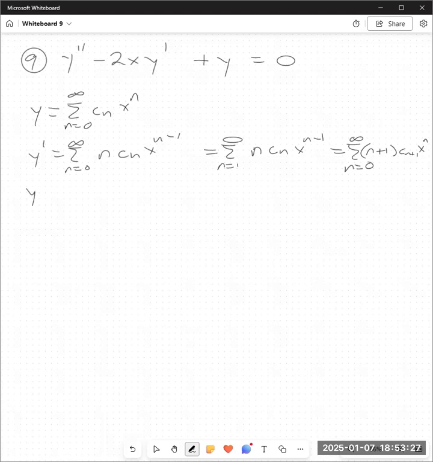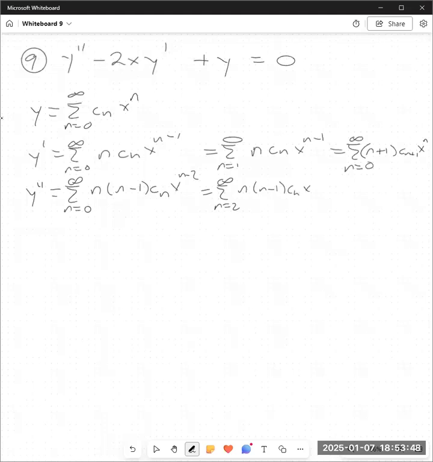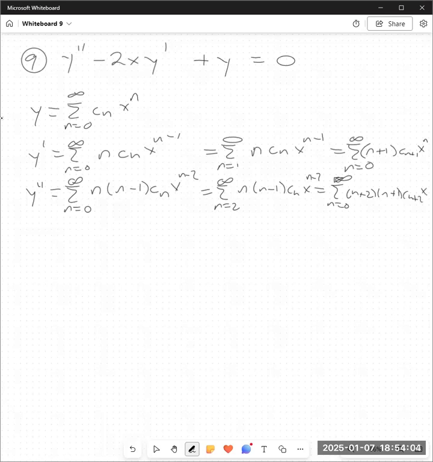So y double prime is equal to n equals 0 to infinity of n times n minus 1, c sub n x to the n minus 2, equal to n equals 2 to infinity of n times n minus 1, cn x to the n minus 2, is equal to n equals 0 to infinity of n plus 2, n plus 1, cn plus 2, x to the n.